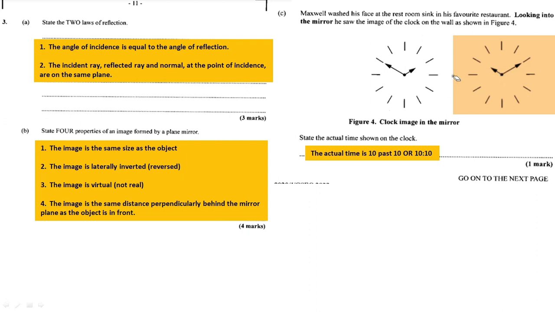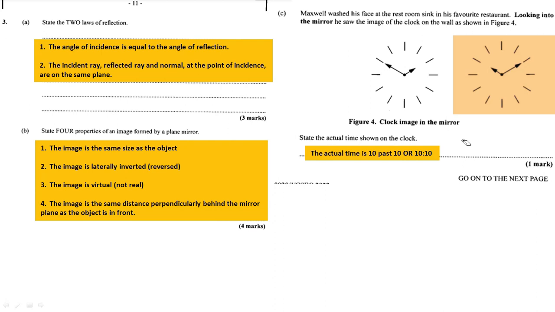It's like a reverse. If you had the test paper in front of you, you could turn it over and look for the tracing on the back. Literally flip the entire paper over and you will see this right here. So the actual time shown on the clock is 10 past 10.